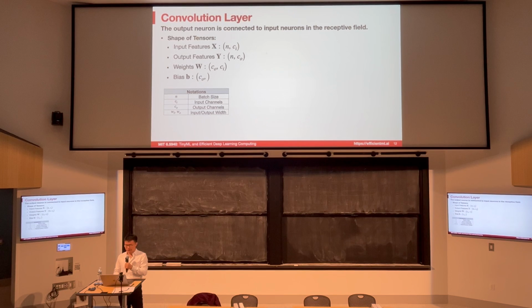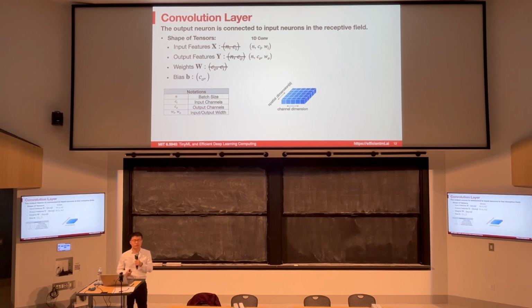Convolution layer. The output neuron is no longer connected to all the inputs, but is connected only to the inputs within the receptive field. Okay, so we have an input feature, and this is the spatial dimension. Now we just assume it's 1D convolution, and later let's jump into 2D. In this 1D convolution, this is the channel dimension, this is the 1D spatial dimension, and we apply this green filter.